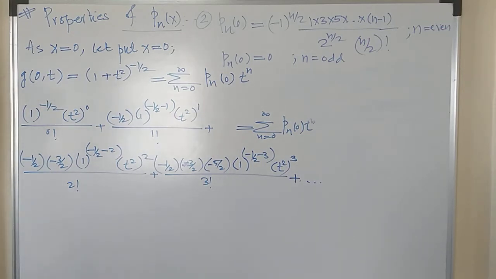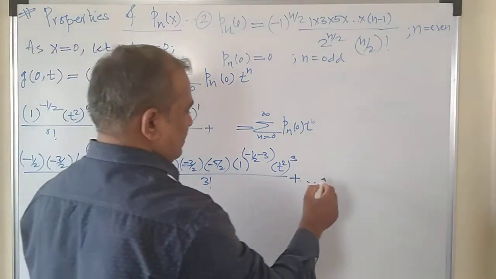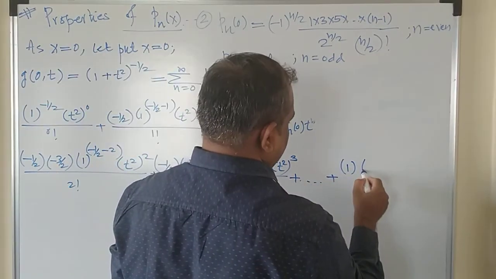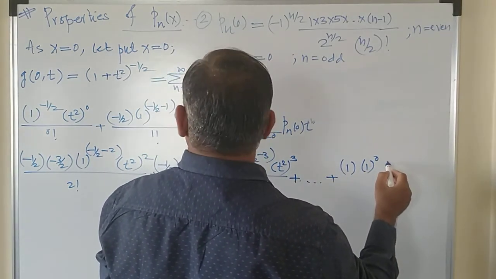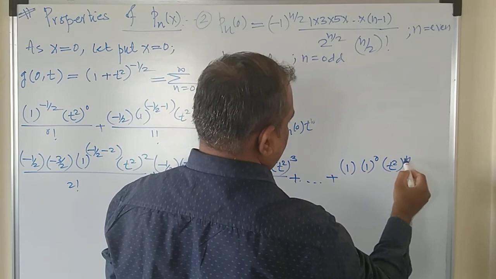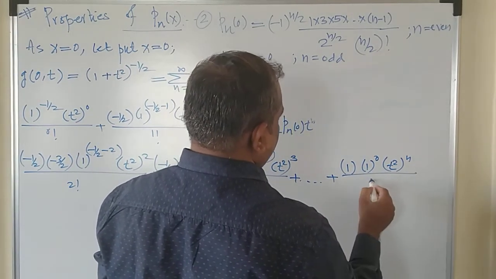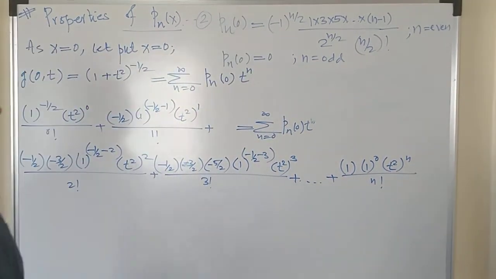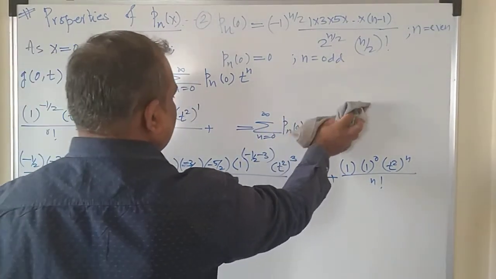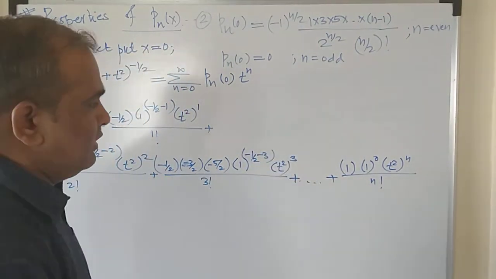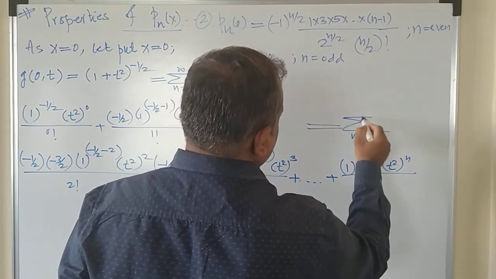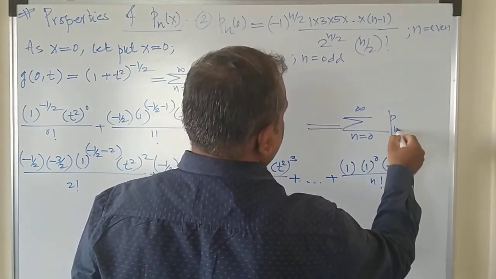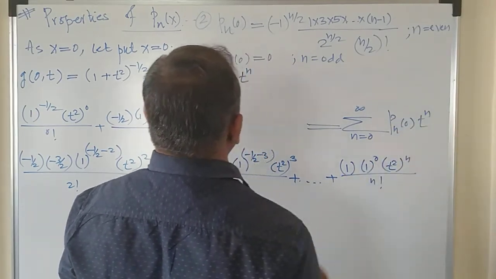The last term is 1 into a raised to 0, a is 1, b raised to n, b is t square, so t square raised to power n upon n factorial, right? So we got this, and this is equal to the summation n equals 0 to infinity of Pn of 0 t raised to n.